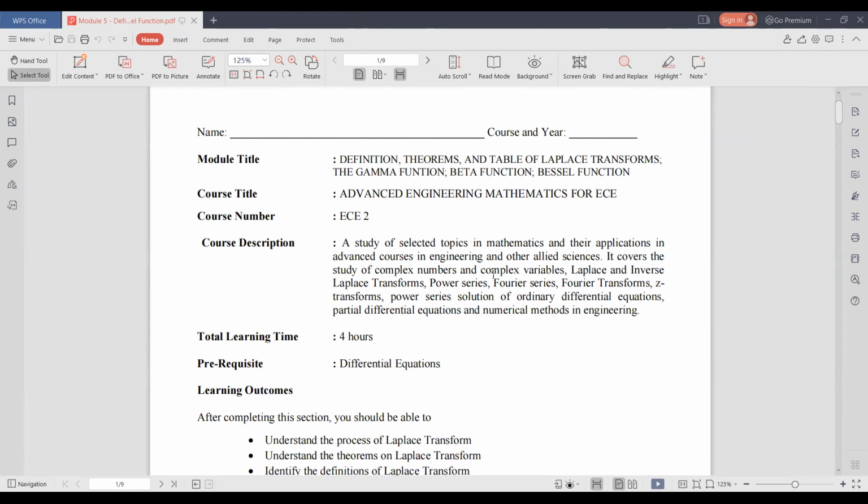I'm not sure if you already encountered this one. Have you guys encountered Laplace sa circuits 1 ninyo, last sem, with Sir Bildia?